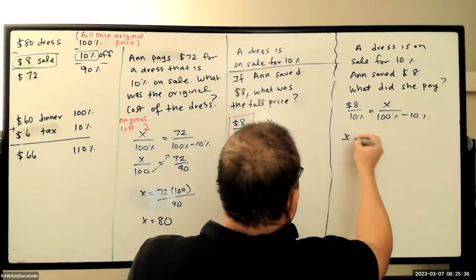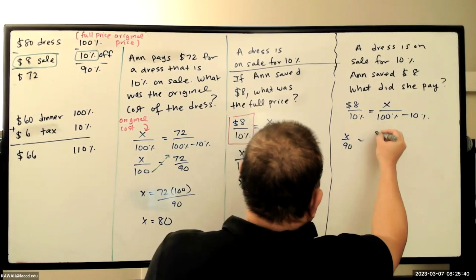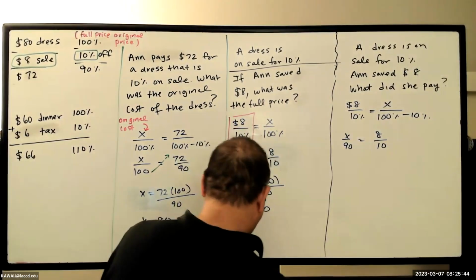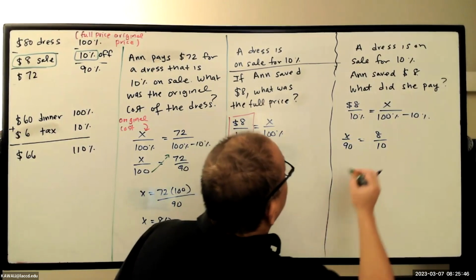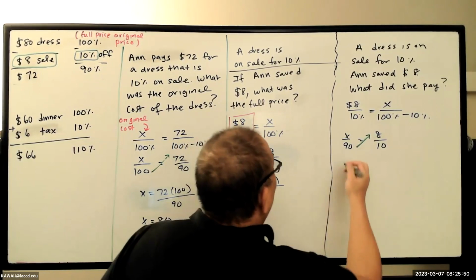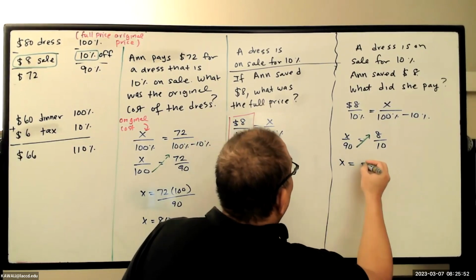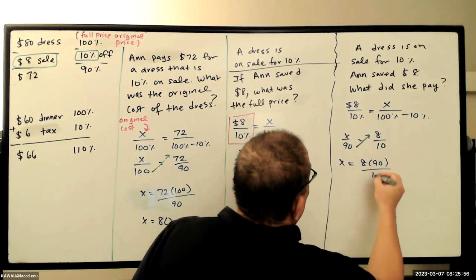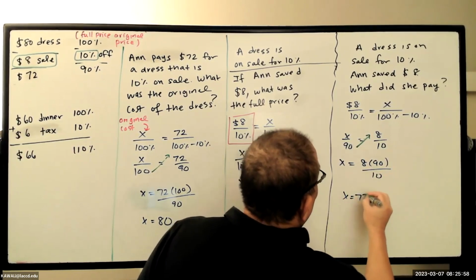So we have X over 90 is equal to 8 over 10. And then we'll bring that up. And we get X is equal to 8 times 90 divided by 10.